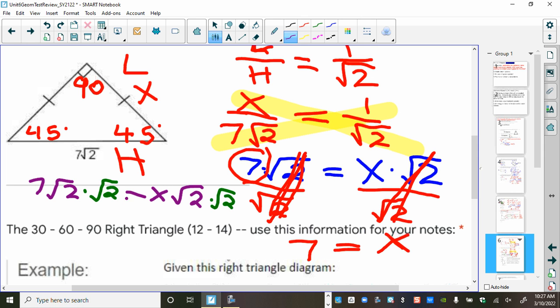So I'm going to show you the other way you could have done it, which is okay. Now, in both cases, when we multiply square root of 2 by square root of 2, what does that become?